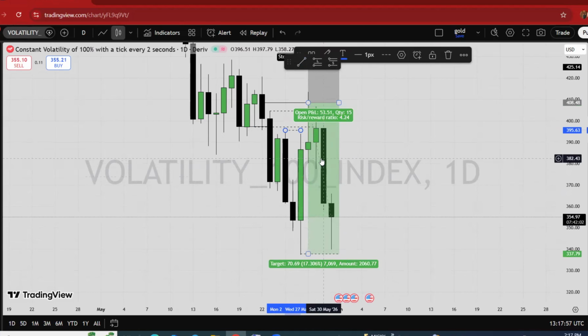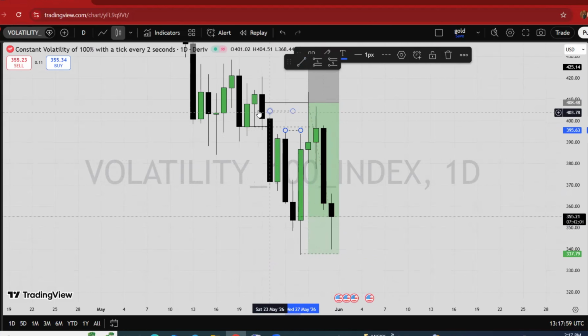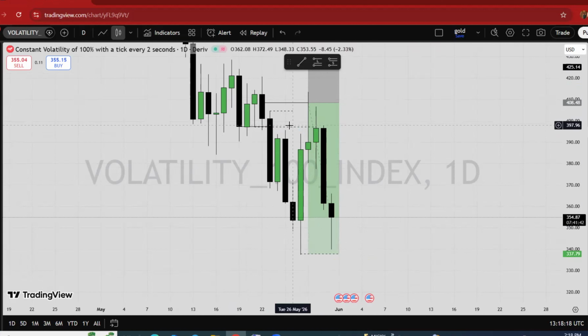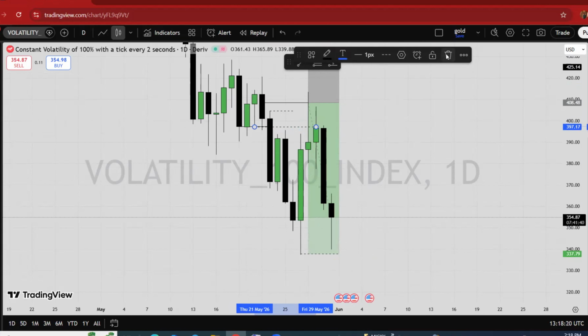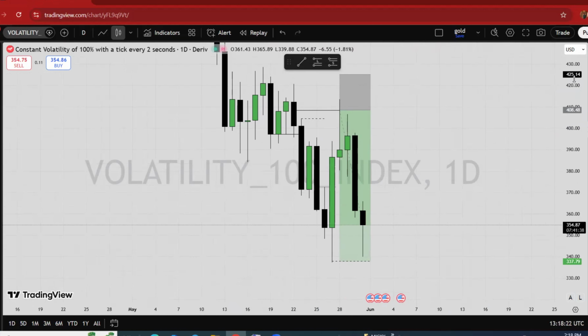It is supposed to sell because here we have our buyers also inside this zone, right? But if you don't want to use buyers, you just wait for a break of structure, which happened to the downside. So you just wait for price to come back to replace this order block and then sell back down. So this is basically how I was able to take that trade. It's pretty easy.